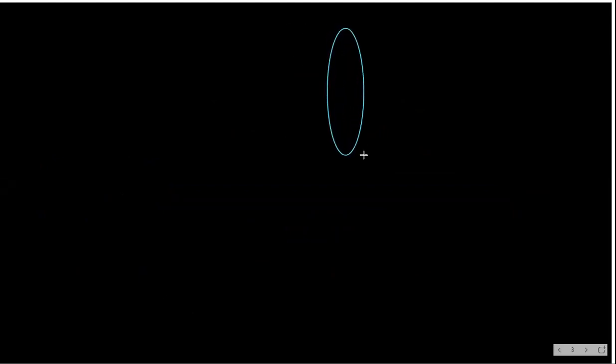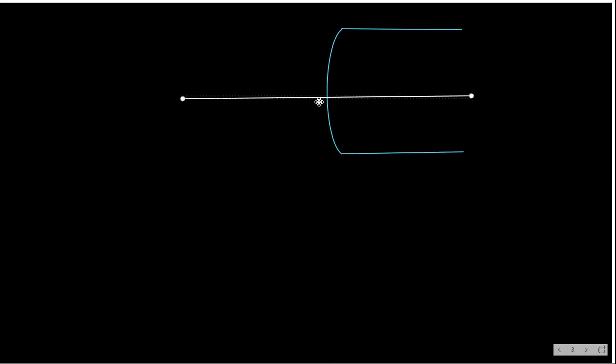You can see here, this is the curved surface, and this time, this is the principal axis, and now the object is somewhere here.